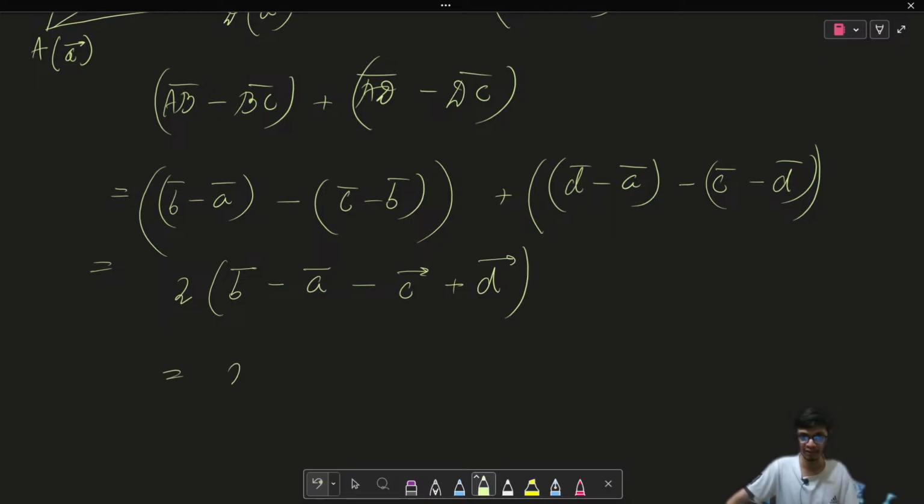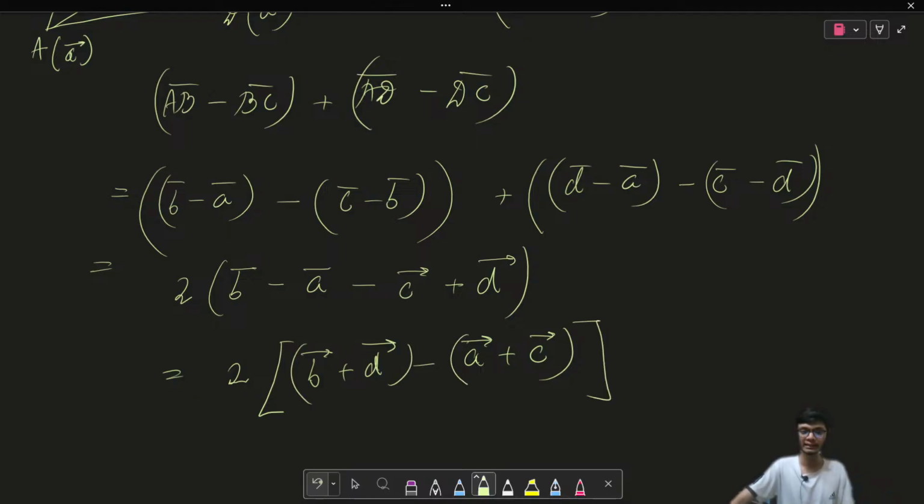So if I simplify this expression, I can write this as 2 times, where I can combine B vector and D vector, and if I take the minus common, it can be written as minus of A vector plus C vector, right? So I can write this like this. Now this can also be written further.